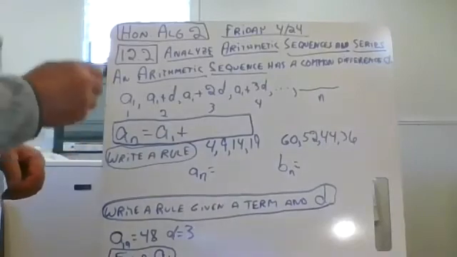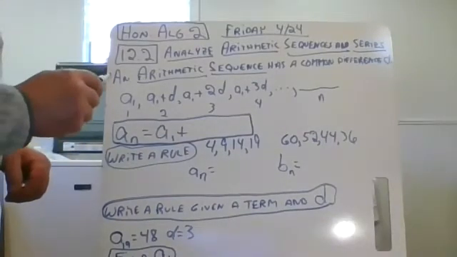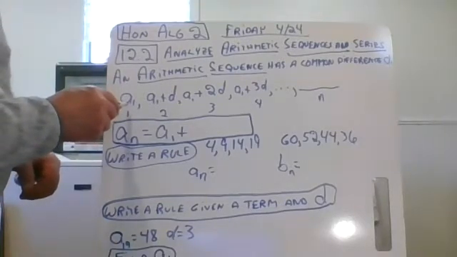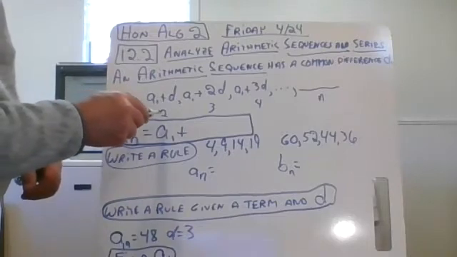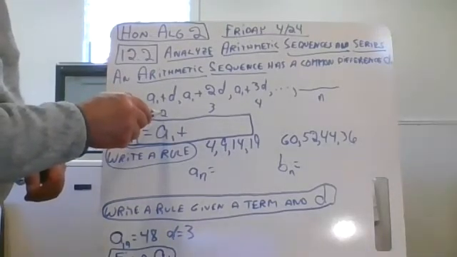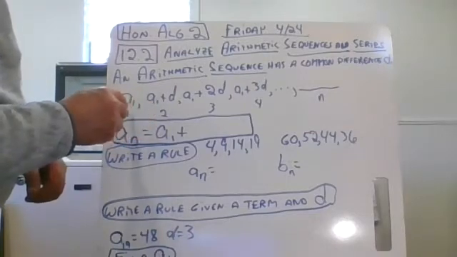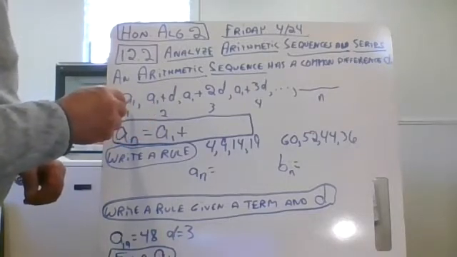All right, now in general, this is what an arithmetic sequence would look like. The first term we call a sub 1. The second term, instead of using a sub 2, we know it would be the first term plus that common difference d.